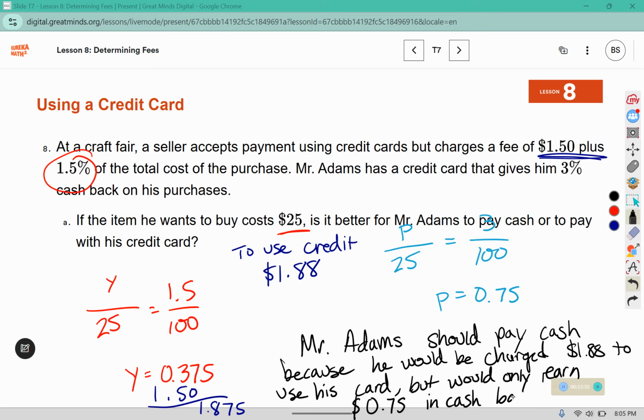So he's losing money by using his card. If he pays with cash, he doesn't have to pay the fee, but he also won't earn any cash back. However, he's still going to save himself money because the fees outweigh the cash back.